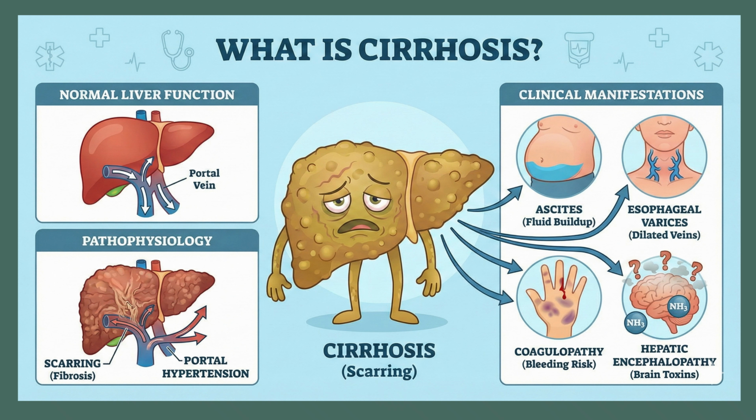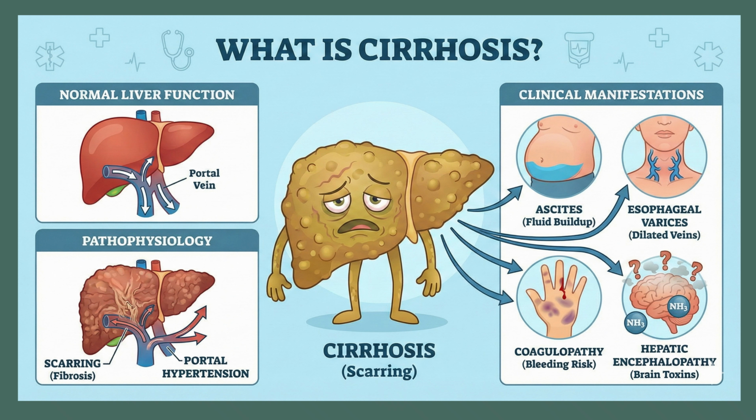Portal hypertension, an increase in pressure in the veins carrying blood to the liver. Shunting of the blood to bypass the liver, leading to enlarged veins, or varices, in the esophagus and stomach, and hemorrhoids.